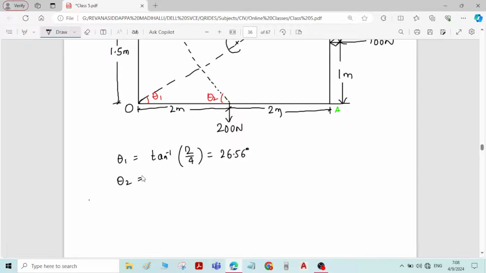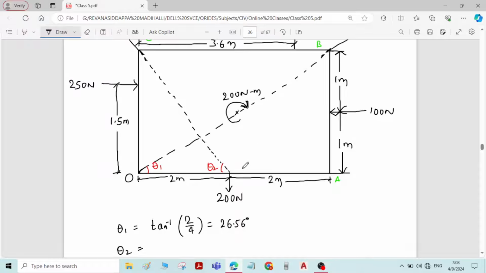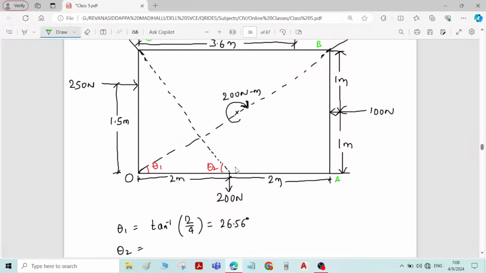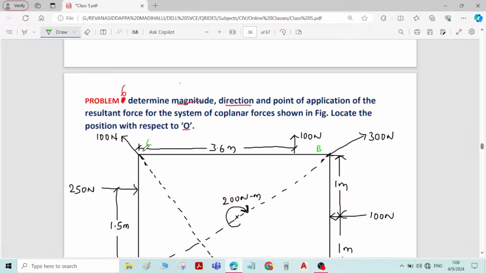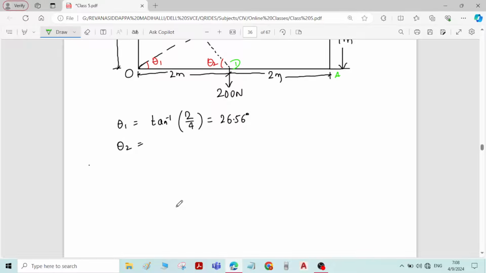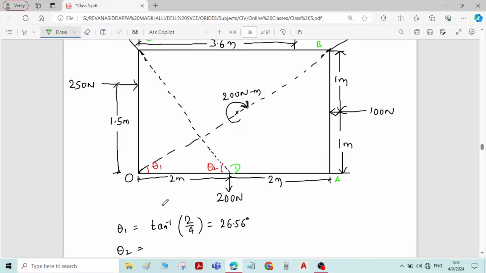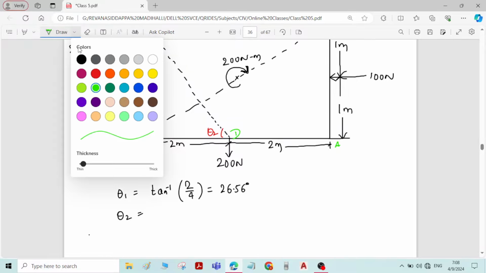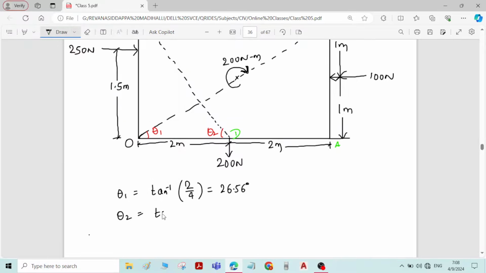Similarly, to find theta 2 take the right angle triangle COD. Theta 2 is equal to tan inverse of opposite by adjacent.